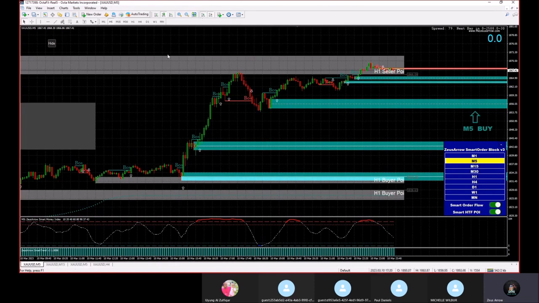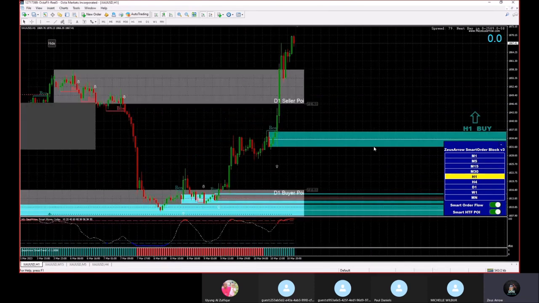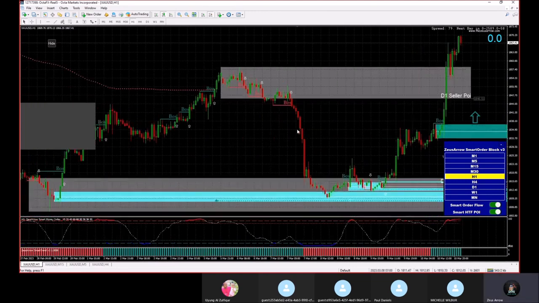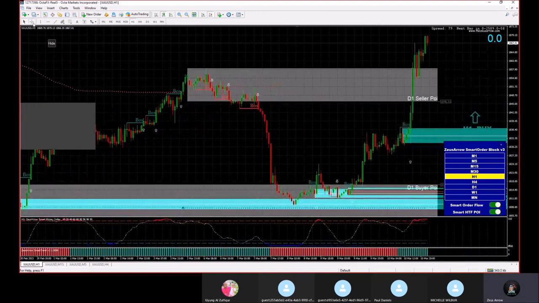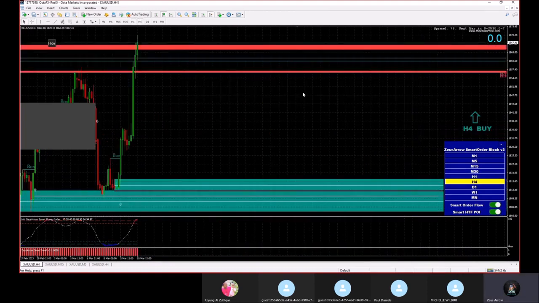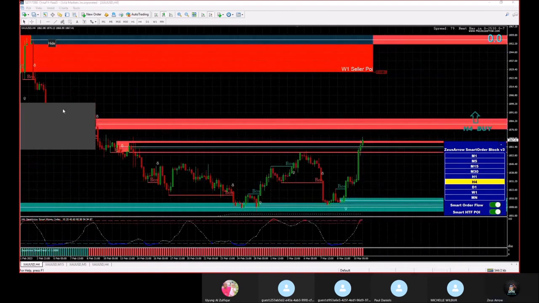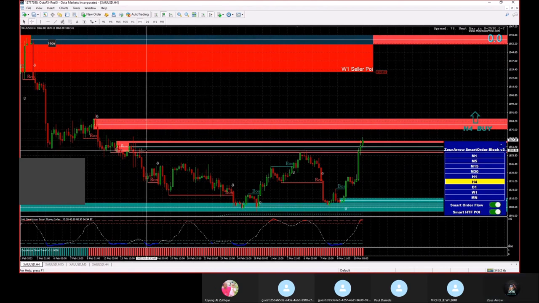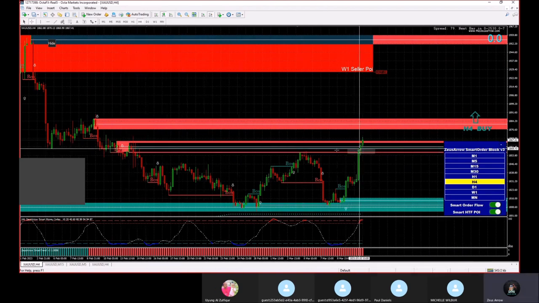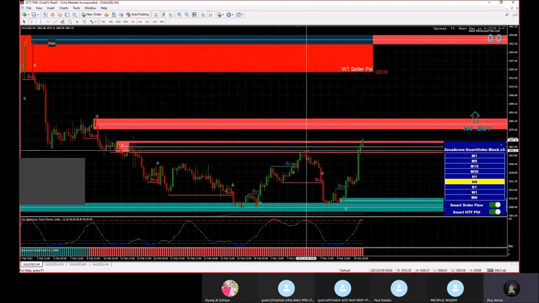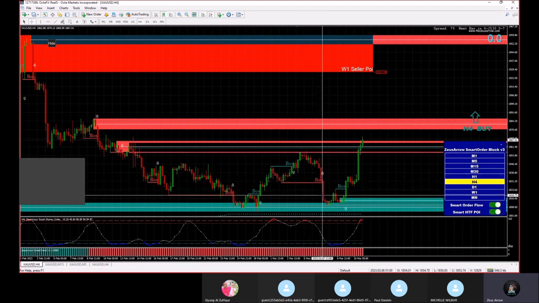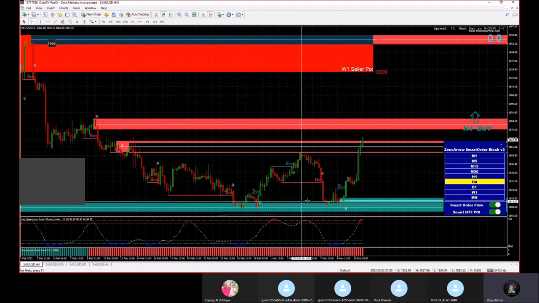For example, if I go to H1, you can see that gold was dropping from here. Even before that, let's go to the 4 hour time frame. You can see this is the 4 hour order block, and gold started to drop from the 4 hour level, and it dropped until the 4 hour bullish POI here.